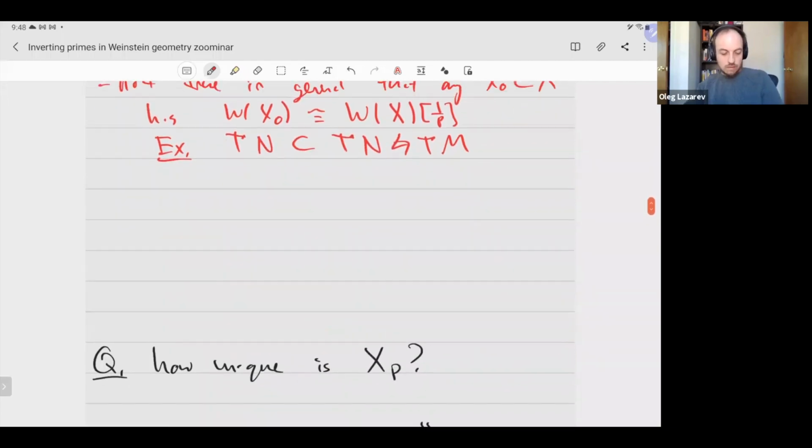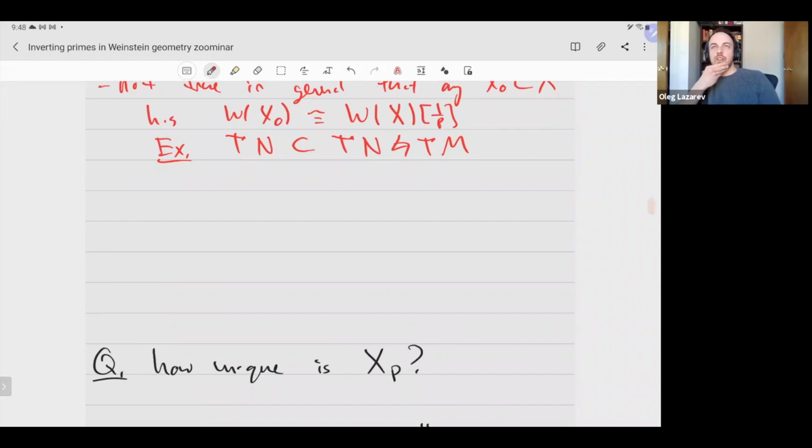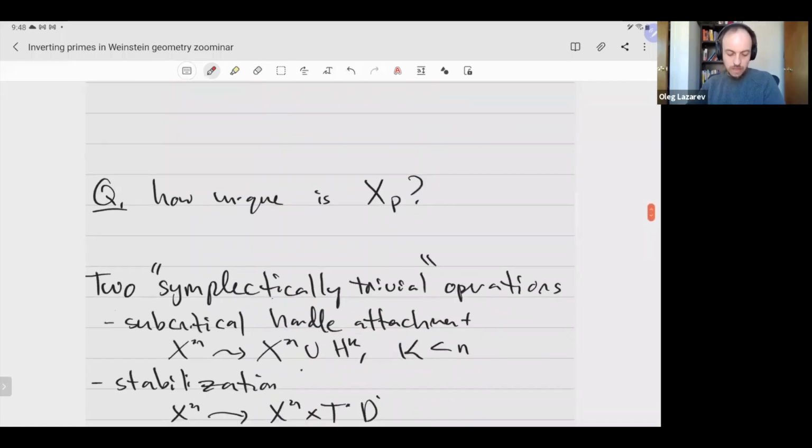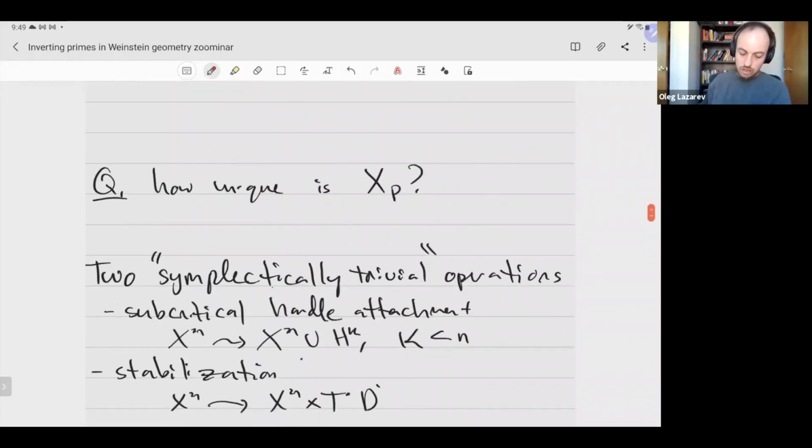Okay, so far I've talked about basically the first property of topological localization, which is getting an operation which localizes the algebraic invariants. But I haven't really said anything about the other two properties, which are the homotopy invariance of presentation and also the idempotency. So how unique is this XP that we've constructed? Let me mention two symplectically trivial operations, which are subcritical handle attachments, attaching handles of index at most n.